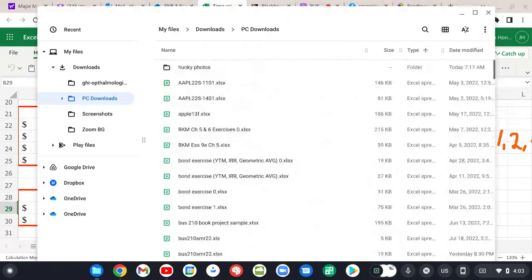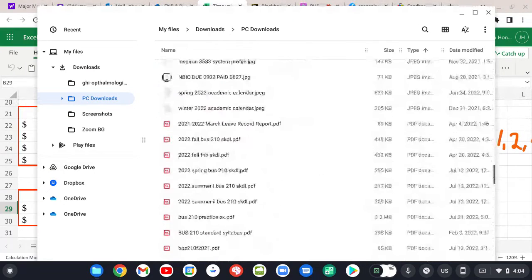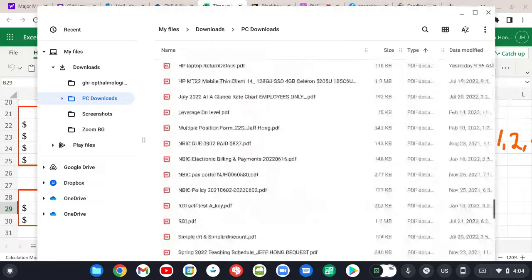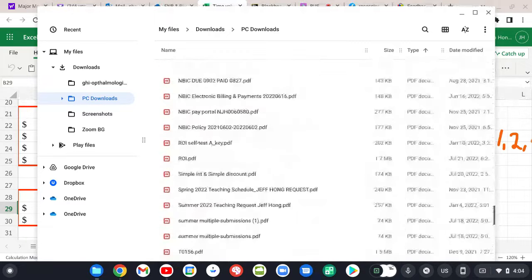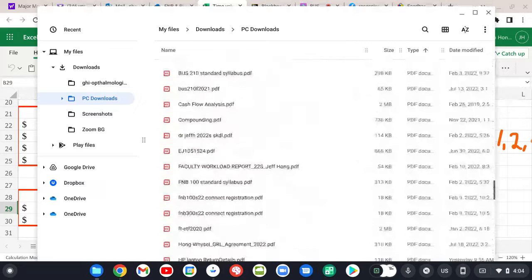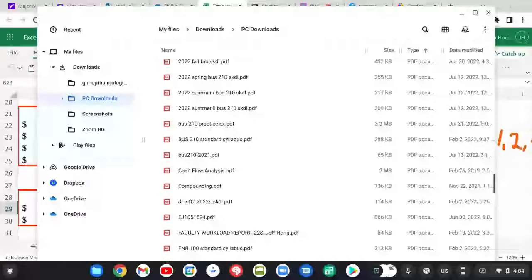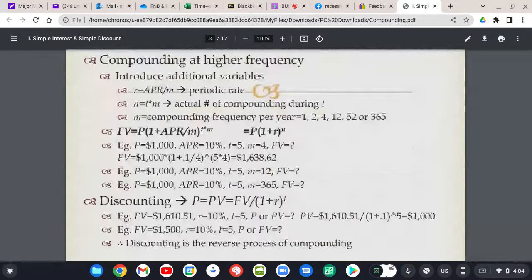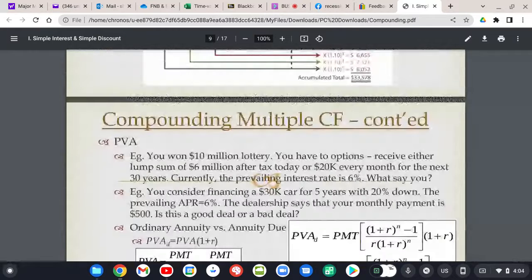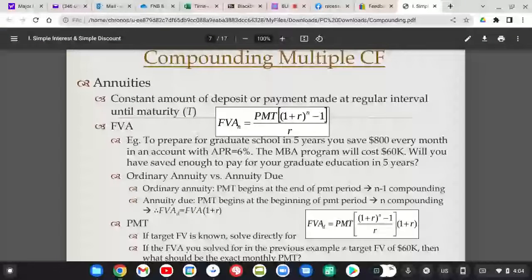Okay, let me sort it by type. Where is it? I don't see T. What happened? I thought I had it. Was it compounding? I think it is this one then. Yeah. So here you see, okay, here is the formula.